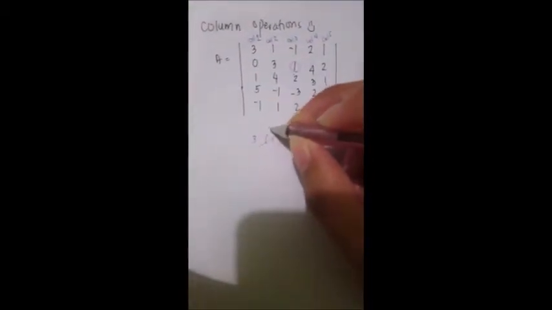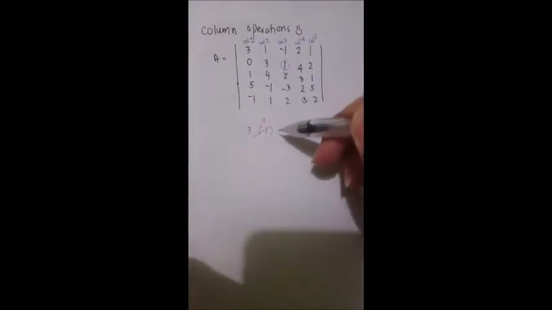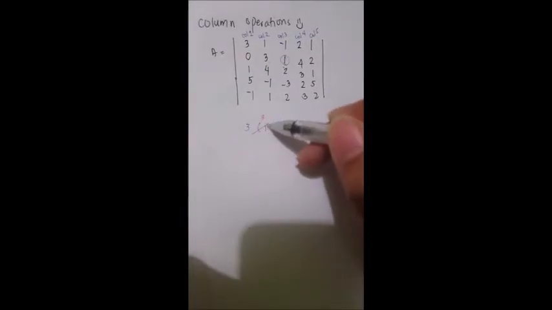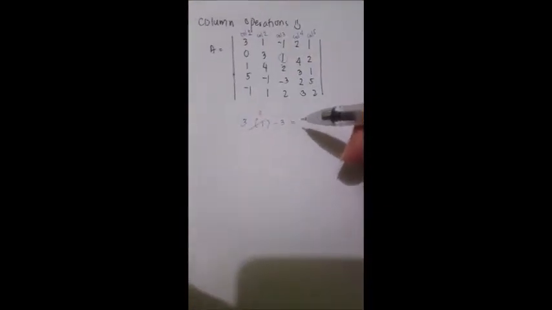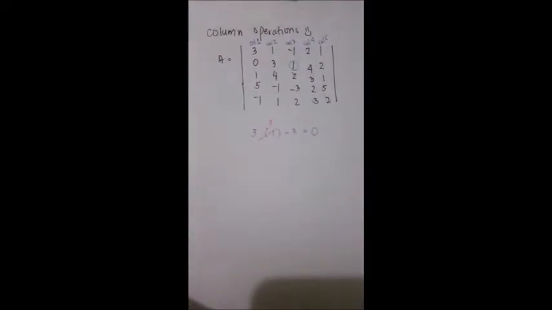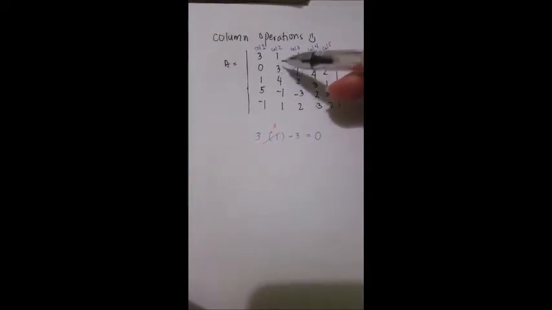And anong gagawin natin para maging 0 siya? Syempre, isusubtract natin with 3. So that is 3 times 1, that's 3 minus 3, that will become now 0. Okay. So, pwede na nating baguhin yun to become 0.